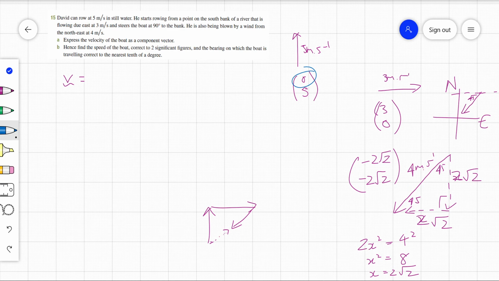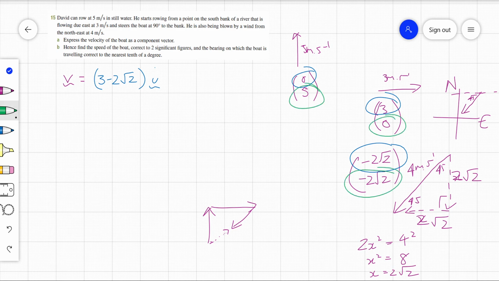So I've got 0, a 3, and a minus 2 root 2. So 3 minus 2 root 2 in the horizontal direction. And then I'll look at the vertical. So I've got a 5, a 0, and a minus 2 root 2. So I've got 5 minus 2 root 2 in the vertical. All right, that's the horizontal.